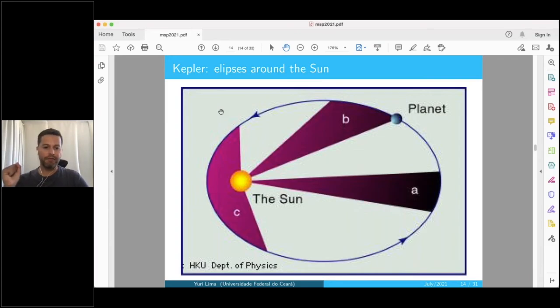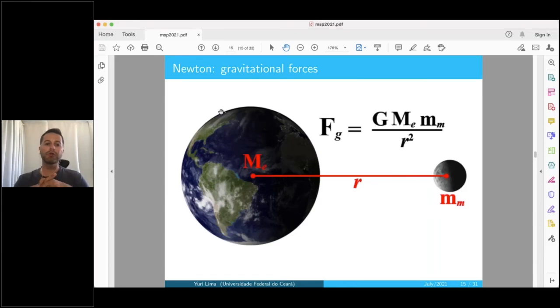Well, nowadays we know, and this came some years after Kepler, that for movements that look like ellipses you actually have a mathematical and physical reason, and that came with the discovery by Newton of the gravitational forces.